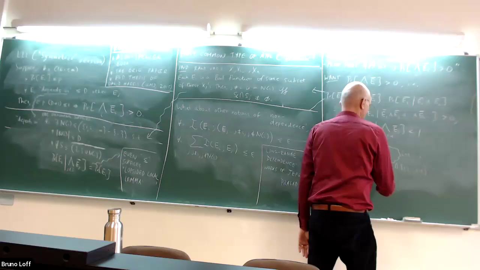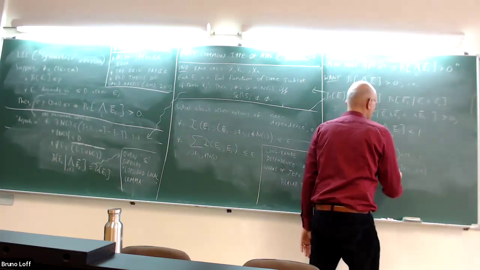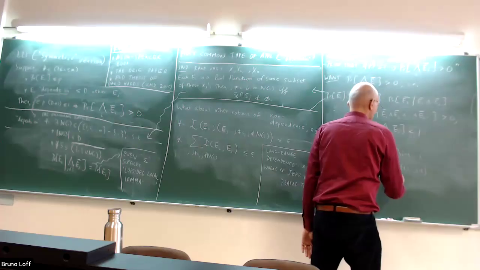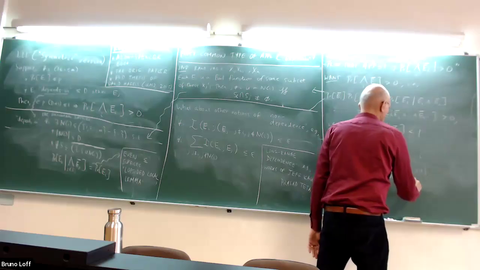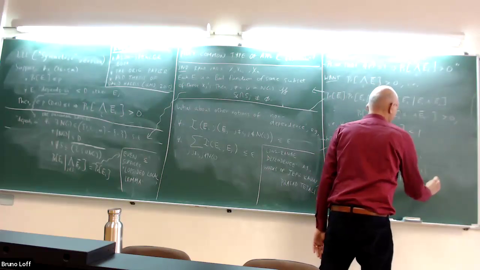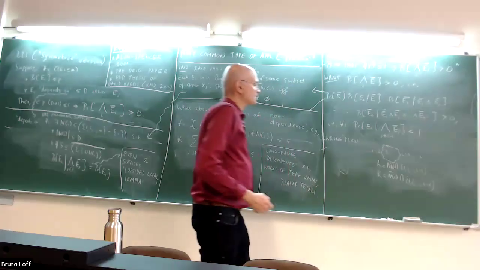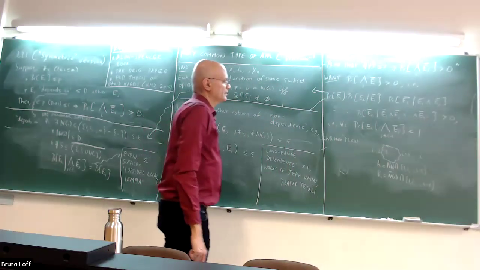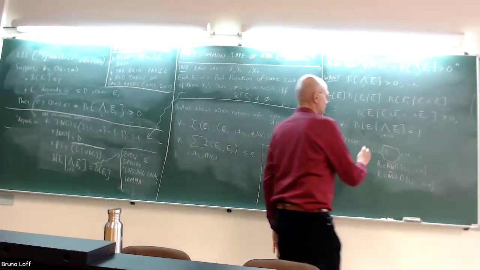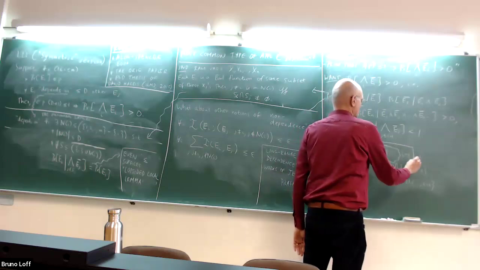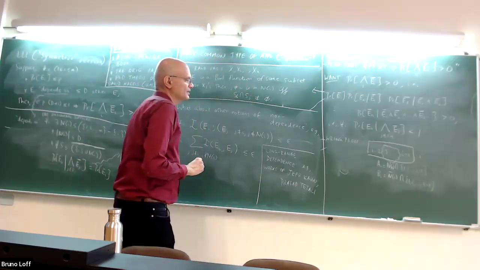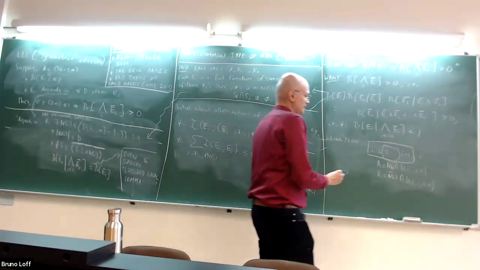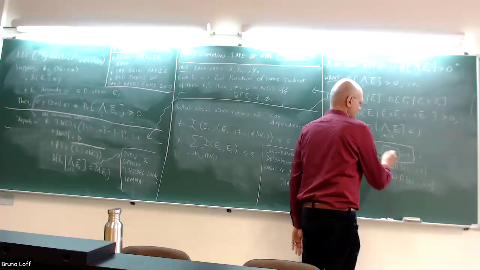Let's say Ai is this. Ai is the set of nodes that i depends on, in our sense, and there's a complement here. And Vi is those that it doesn't depend on.